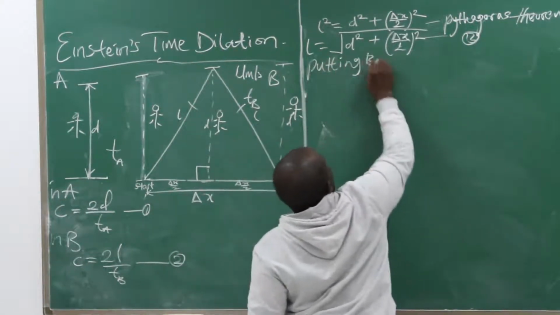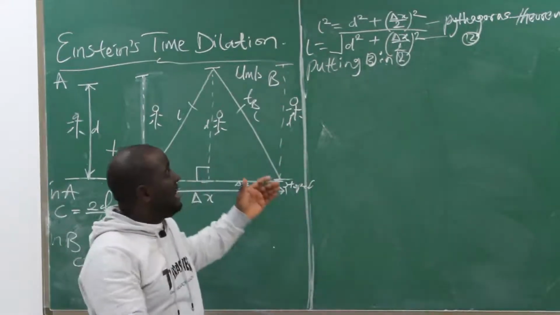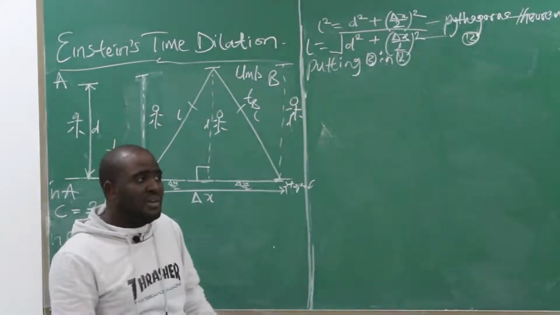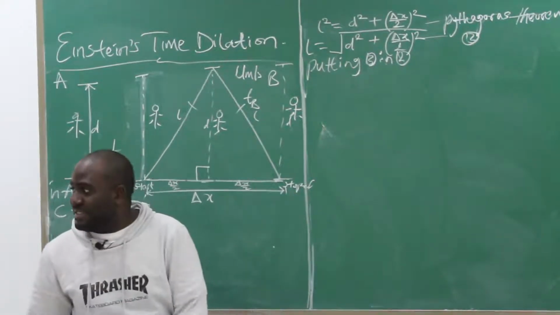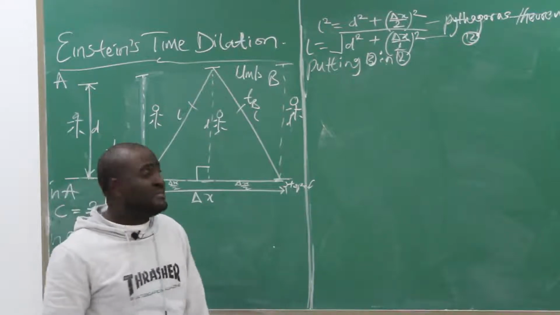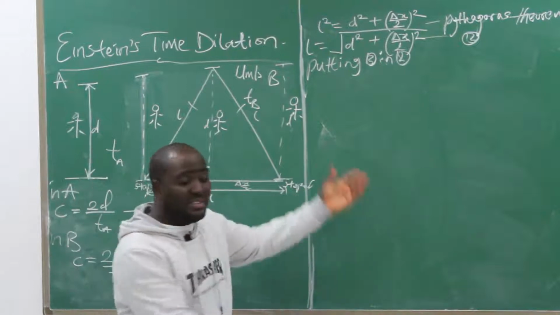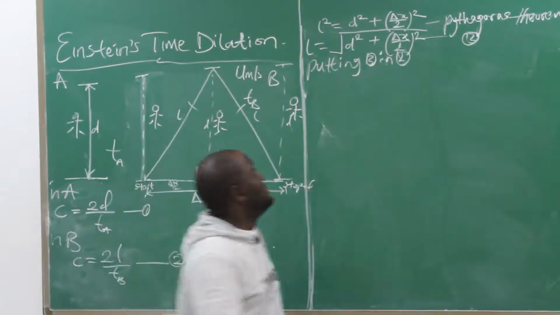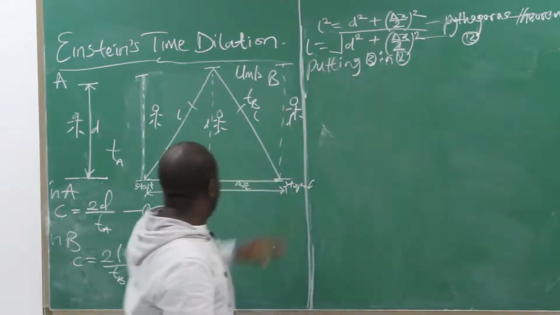Putting 3 in 2. Now, remember, the reason I'm trying not to miss steps is so that for those of us, like myself, whose math skills are not that strong, skipping steps will make it even more difficult. But actually, it's simple mathematics, simple algebra. So we have something like this. You put this whole thing here.